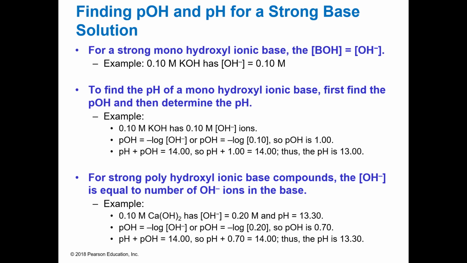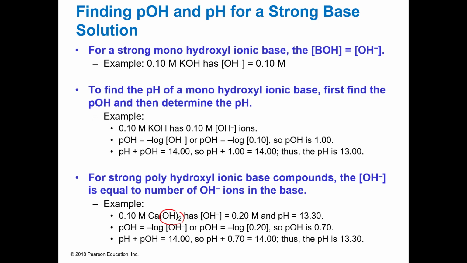It's just with bases. If you want to find the pH of that solution, typically you'll find the pOH. So take the negative log of your hydroxide concentration, and then you can subtract that from 14, and that will give you the pH. For a strong polyhydroxyl base, the OH concentration has to be multiplied by the number of hydroxides in there. So for example, calcium hydroxide, Ca(OH)2, has 2 hydroxides, okay?